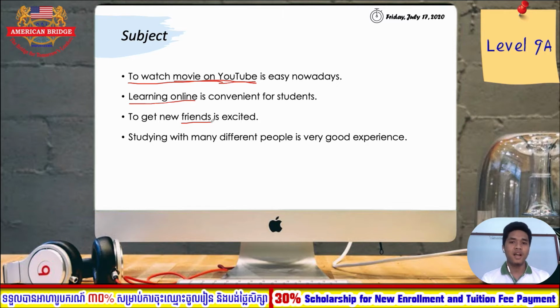Generally we use are with a plural subject, but in this sentence, friends is not the subject of the sentence. But to get new friends, all of these phrases are the subject of the sentence. So this is a singular subject, so we use is exciting. Is is a singular verb which agrees with a singular subject, to get new friends.